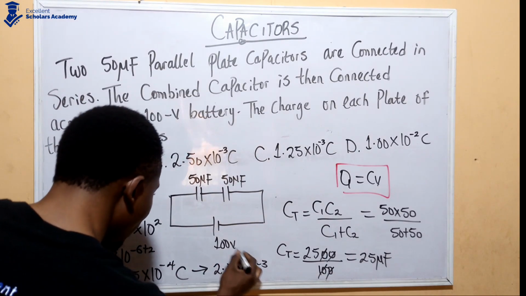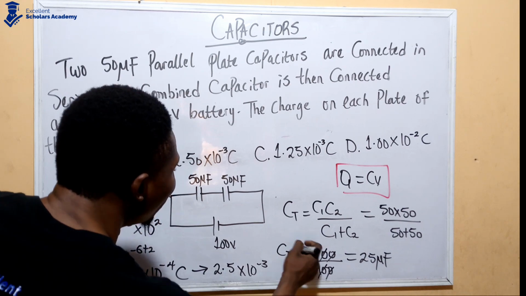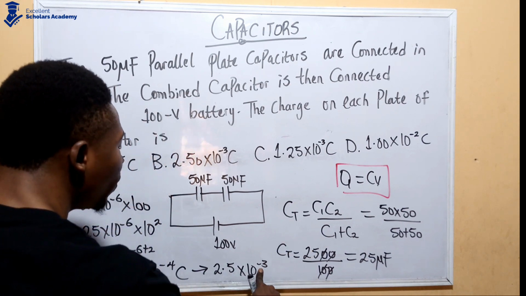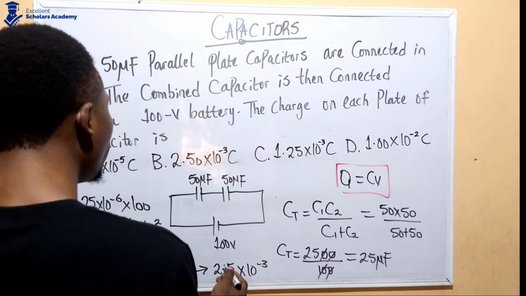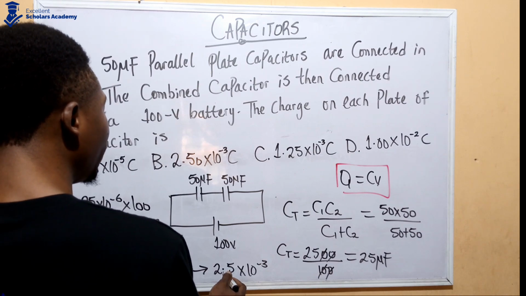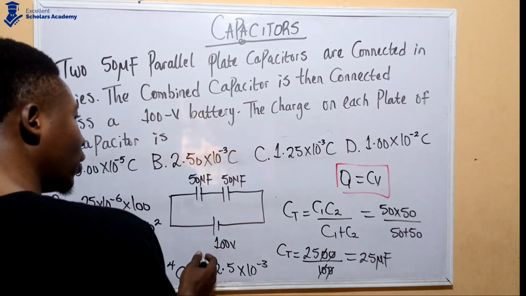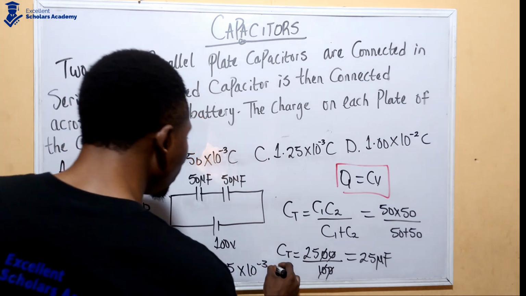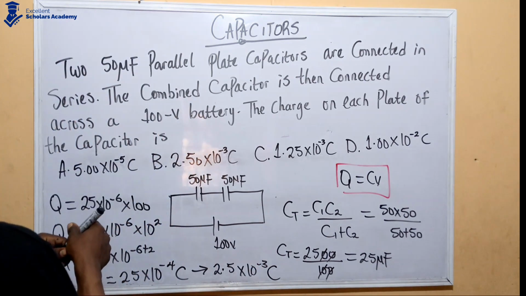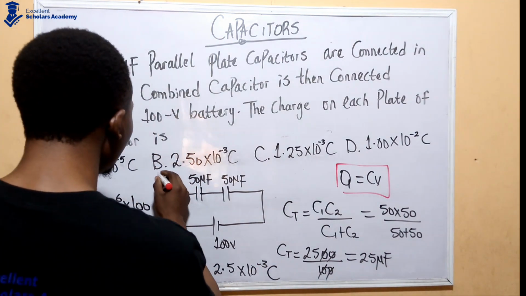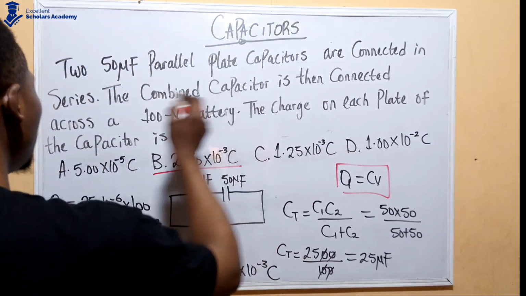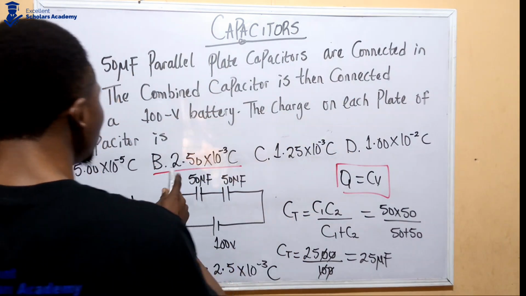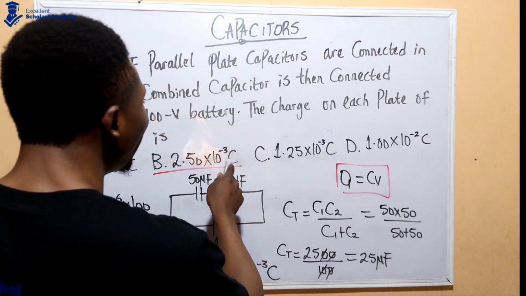If I take the point back, it becomes times 10 to the power of minus 1, which with this becomes 10 to the power of minus 4. But if I move the point forward here, reversibly, it's going to become 10 to the power of minus 3 coulombs. So our answer is simply option B. So the charge on each plate of the capacitor is 2.5 times 10 to the power of minus 3 coulombs.